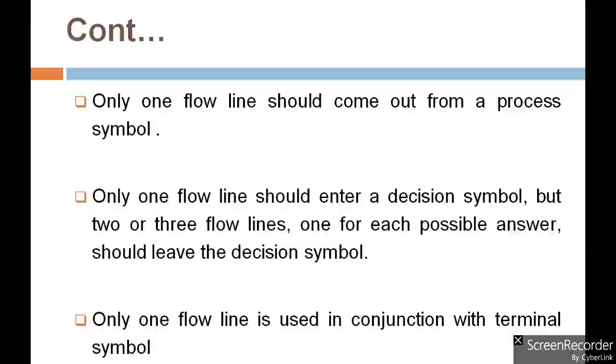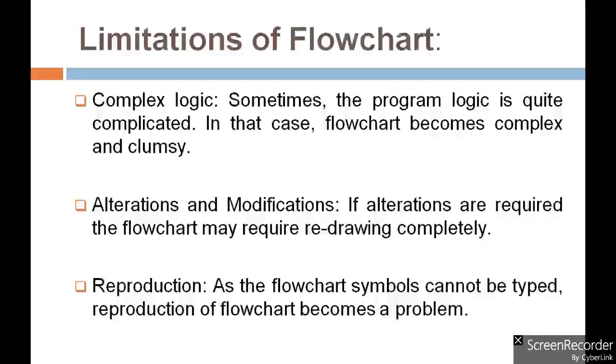And the next thing is only one flow line is used in conjunction with a terminal symbol. That means terminal symbols like start and stop should have only one flow line. Okay, so these are the basic guidelines for drawing the flowchart.